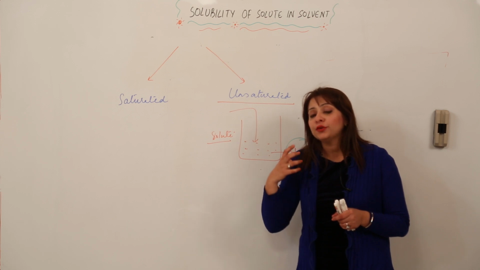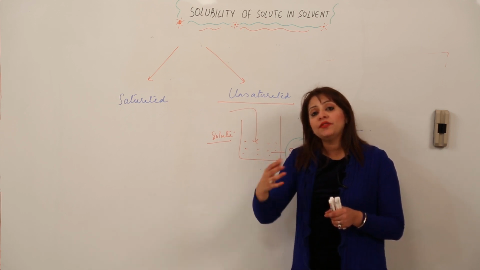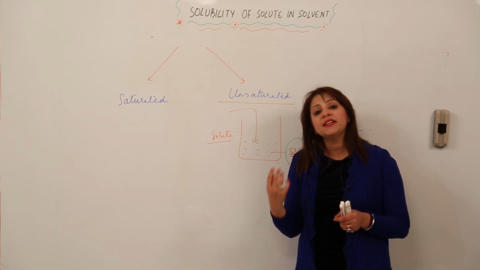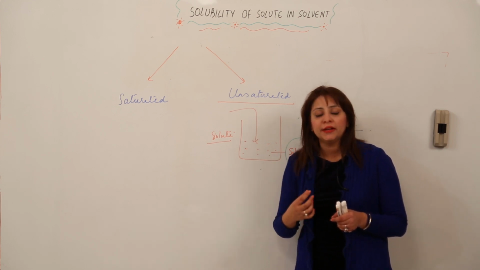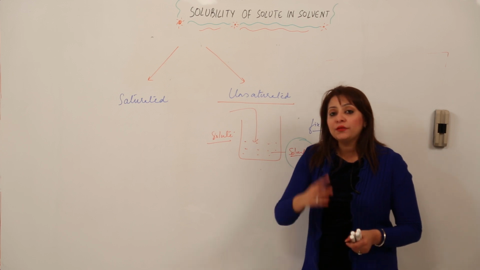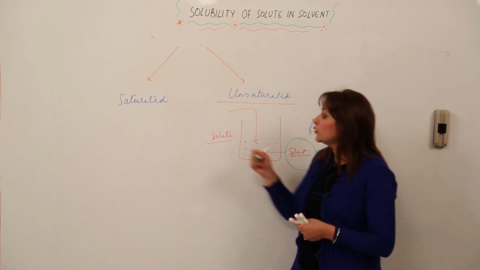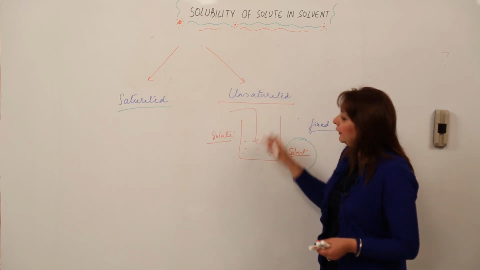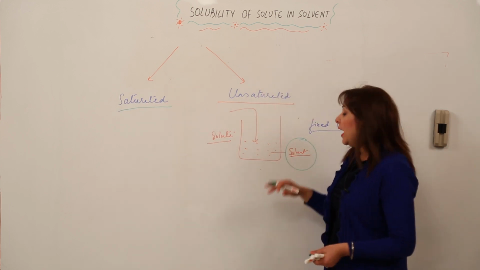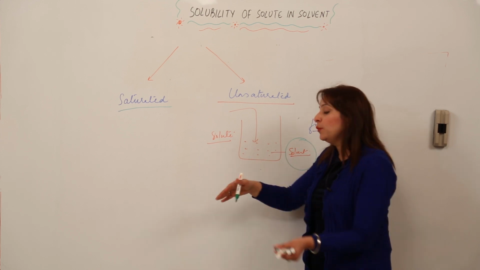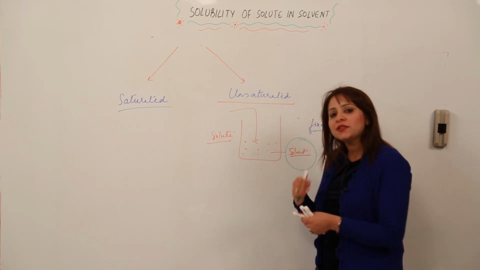So on the basis of that, we have 2 kinds of solution, unsaturated and saturated. Unsaturated solution is one in which I am adding a solute and stirring it, and the solvent keeps dissolving it, right? I add more and more solute, and again it is dissolving it.